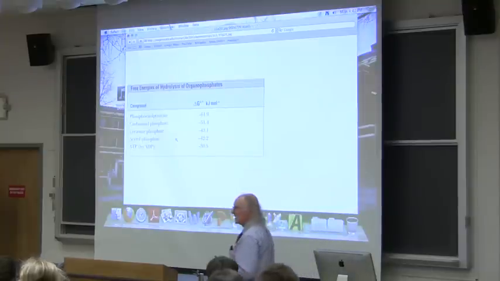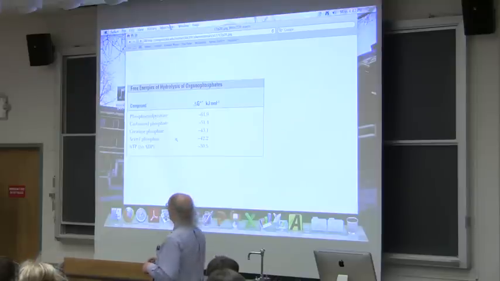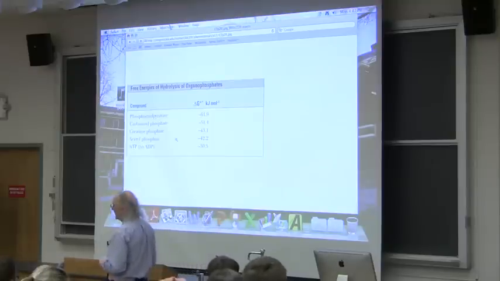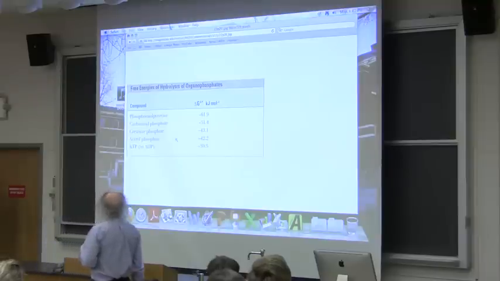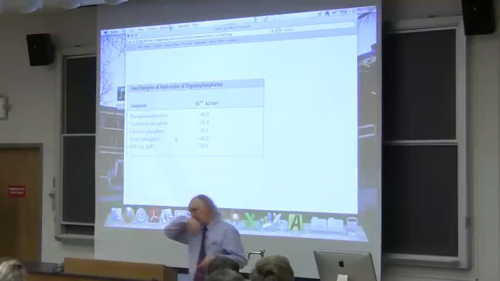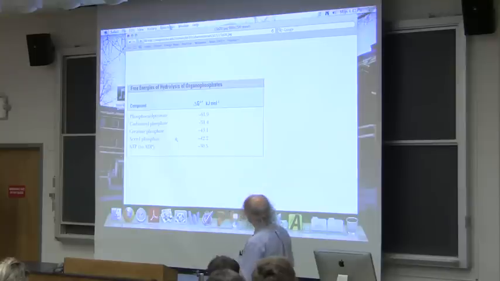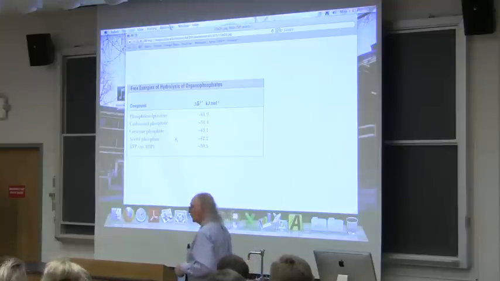Some of these compounds that are phosphate containing have incredibly high energy. Here's the energy that is in the form of ATP. The breakdown of ATP to ADP has a delta G0 prime of minus 30.5.